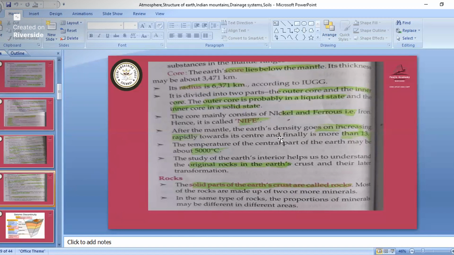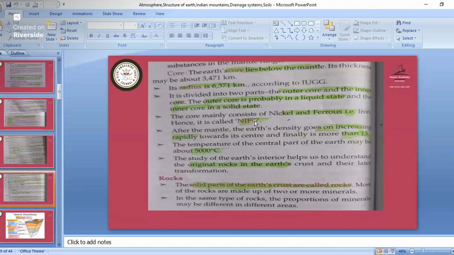Okay, see, in the core there is outer core and inner core. The outer core is in liquid state and the inner core is in solid state. Why is it solid? Because of the presence of nickel and ferrous, that is iron, hence it is called Nife.